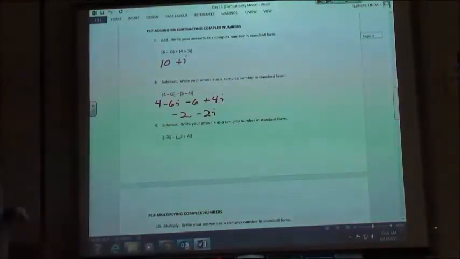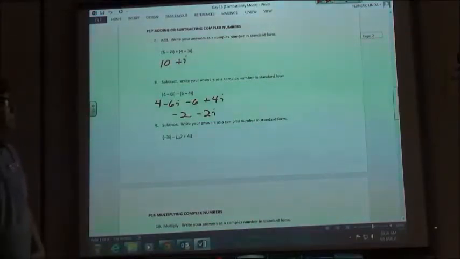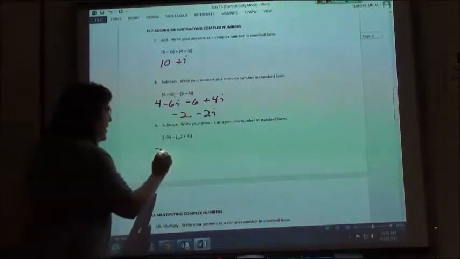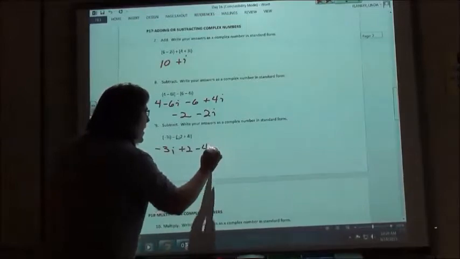So number 9, when I do that one, what should I do? Distribute my negative. So negative 3i plus 2 minus 4i.